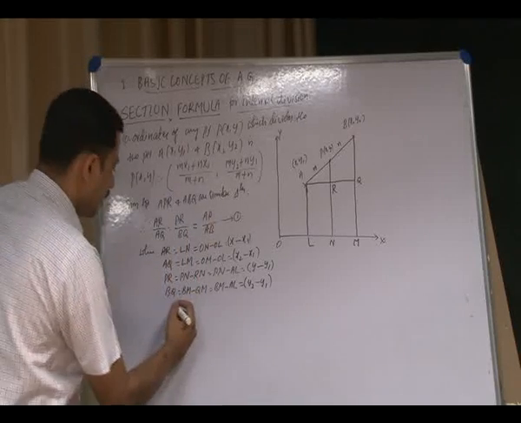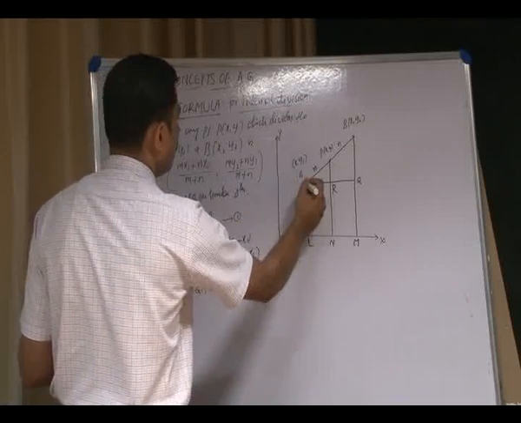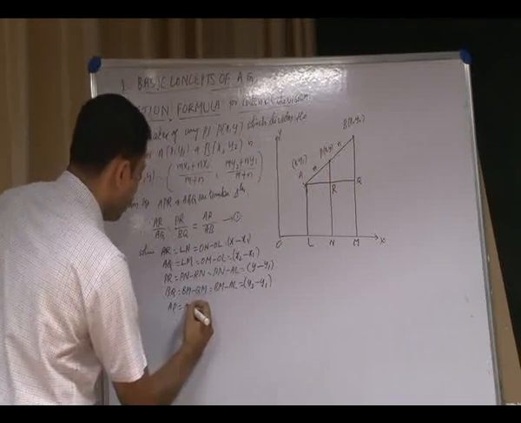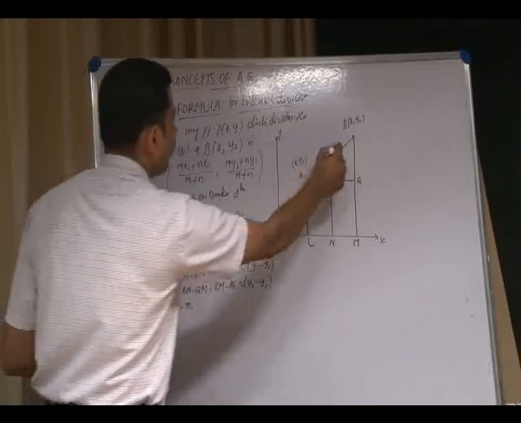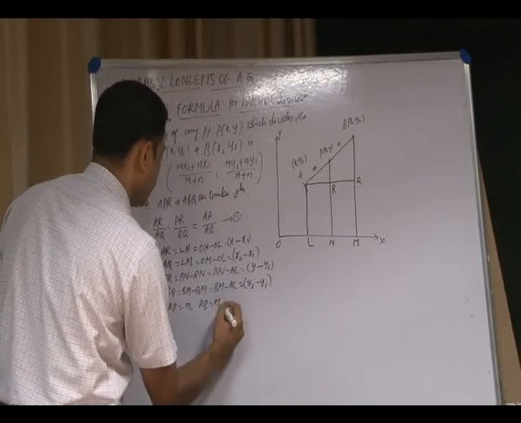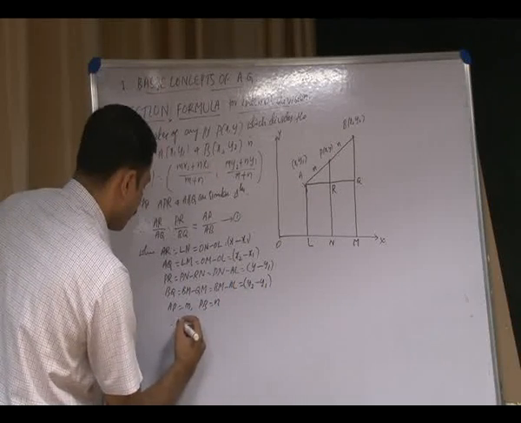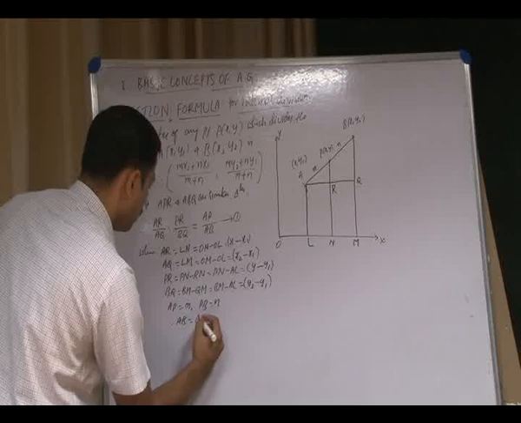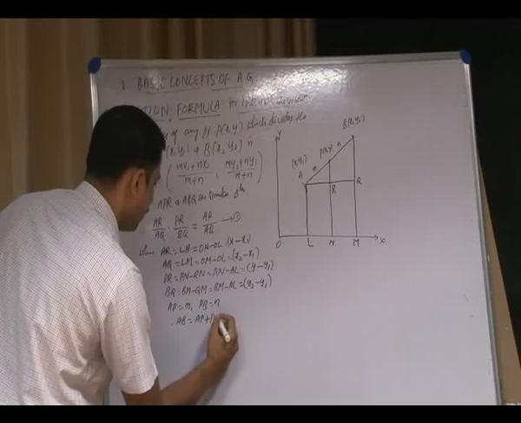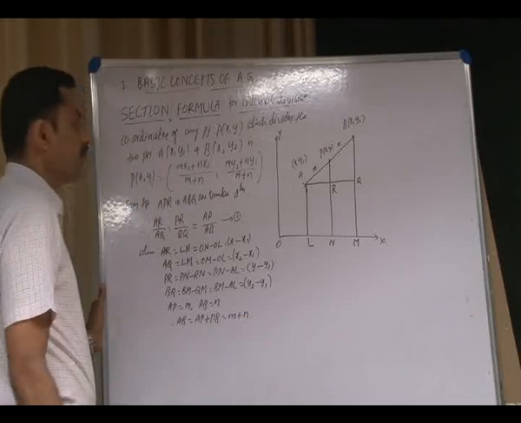From the figure, AP is taken as m and PB is taken as n. Therefore the total distance AB is equal to AP plus PB, that becomes m plus n.